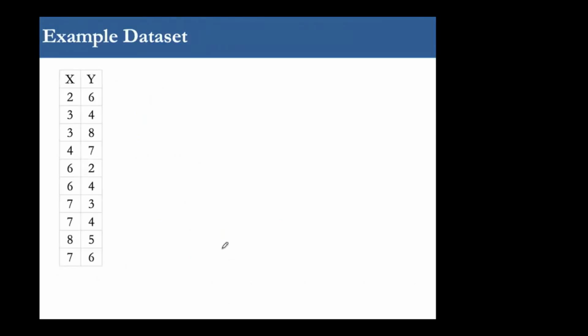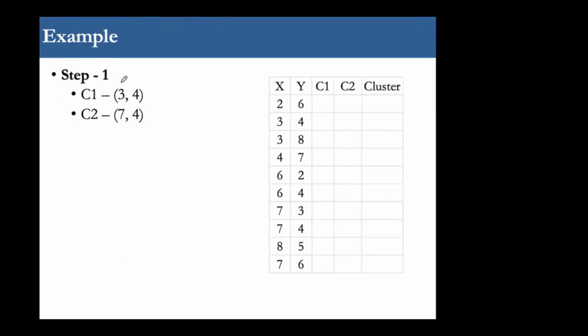Now we'll look into an example. Here I have given a data set where we have two features, x and y, and we have data points. First step, we need to select how many clusters we will be using and what the center points are.